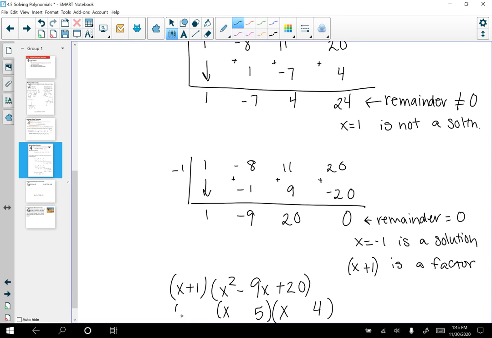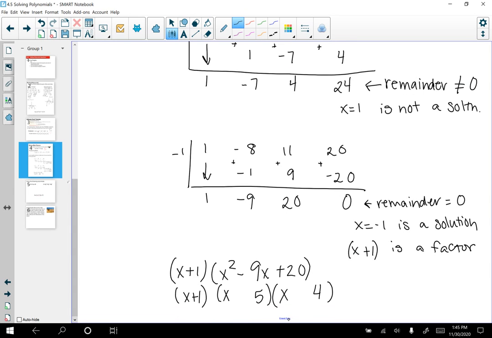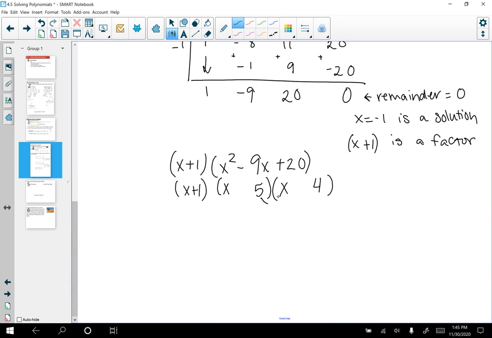And look, don't forget we're also multiplying by x plus 1. What are my signs here? Well, I have 5x and 4x. With 5x and 4x, I can get to negative 9x, of course, if I subtract both of those.